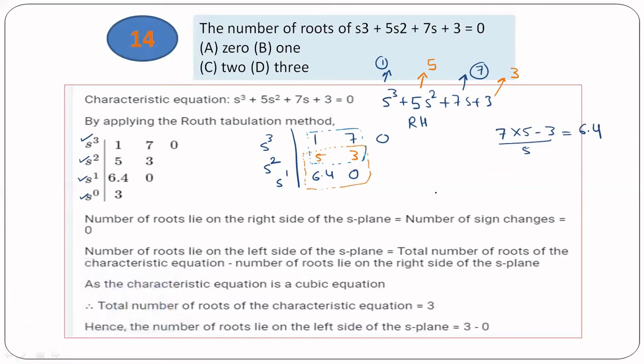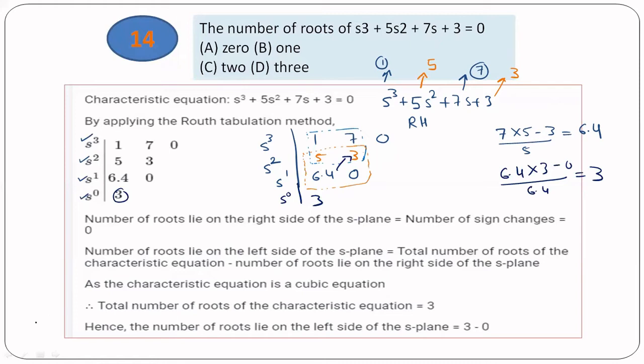That is, 6.4 into 8 minus 0 divided by 6.4. You can solve this, and it will be equal to 8. That is it, this 8 is written here.